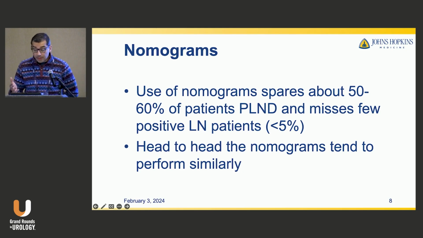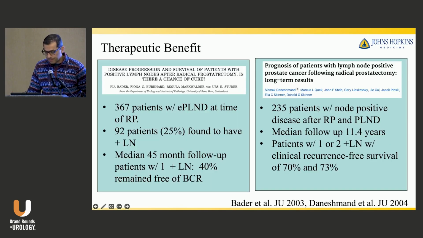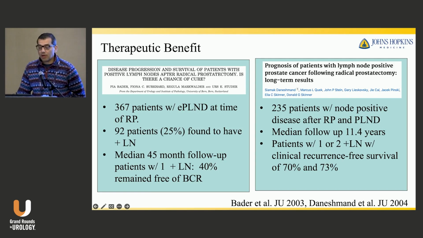But the use of nomograms can spare a good number of patients lymphadenectomy if the goal is to find the positive lymph nodes, and they seem to miss only a few positive lymph nodes in the studies that have been performed. So they're good. Use of nomograms is a good thing, and I commonly will use nomograms.